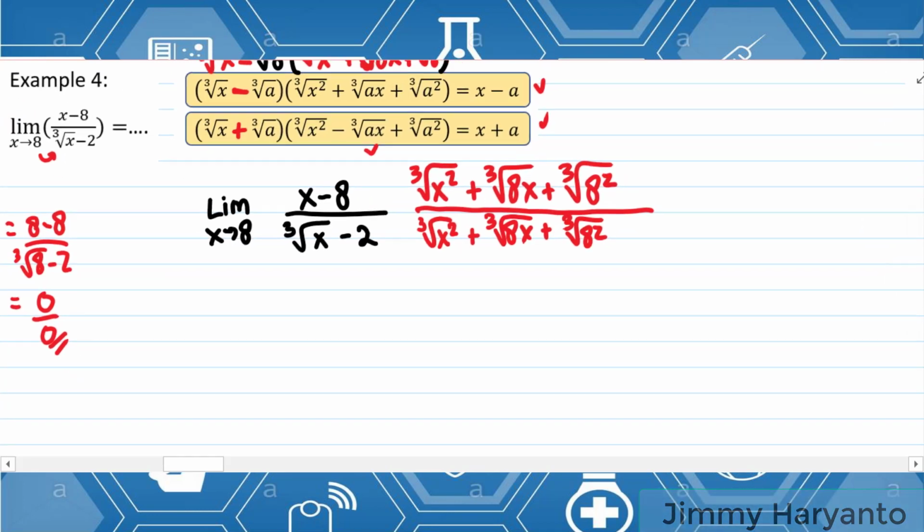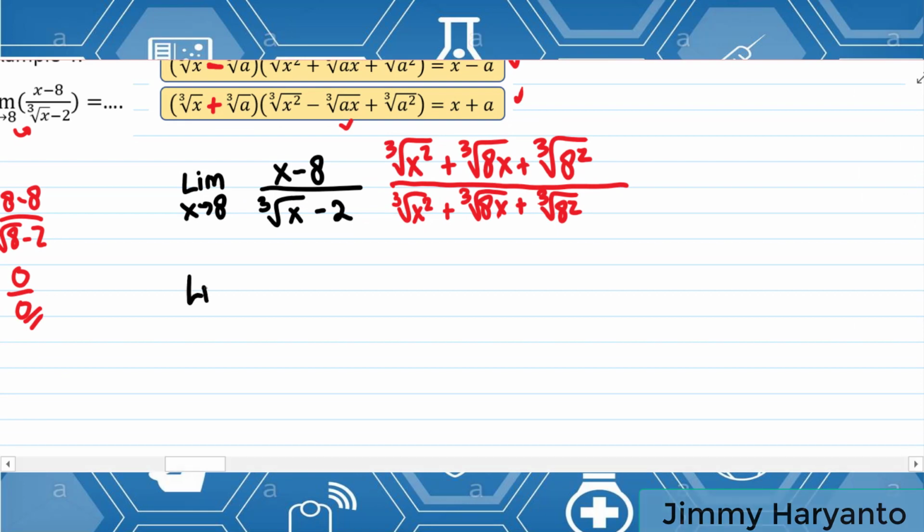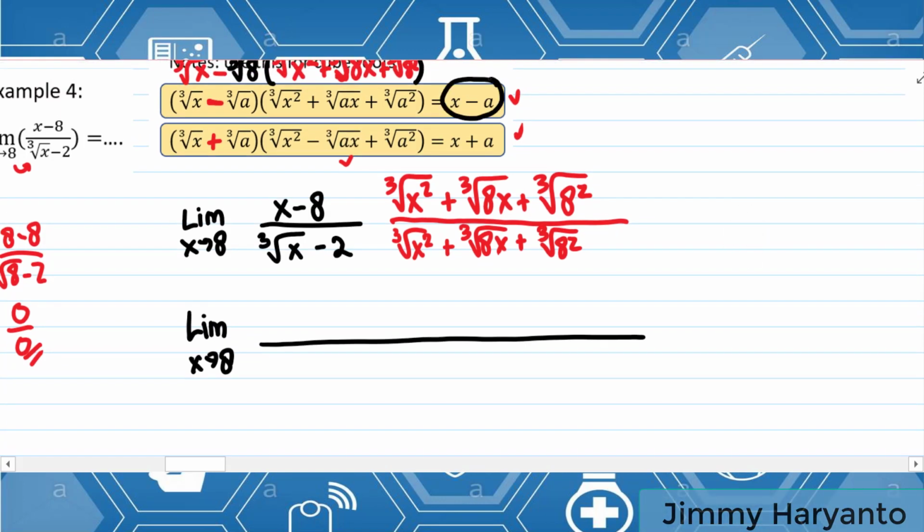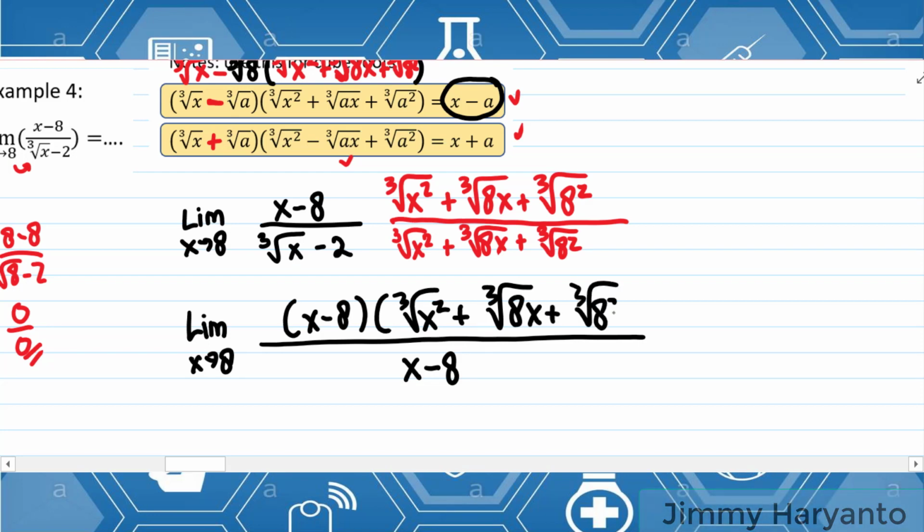After that, we can multiply the bottom one. You can multiply 1 by 1, or maybe you can use this result. The result will be x minus a. The a is 8 before, so x minus 8, and then cube root of x squared plus cube root of 8x plus cube root of 8 squared.